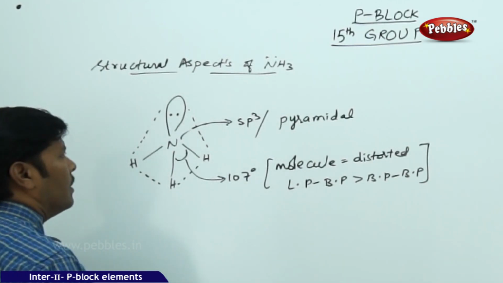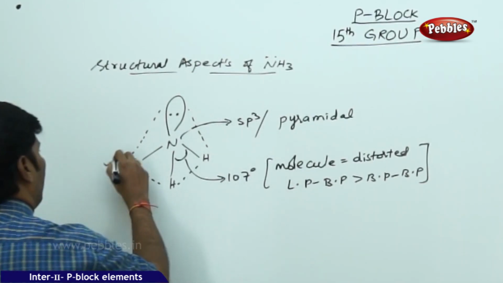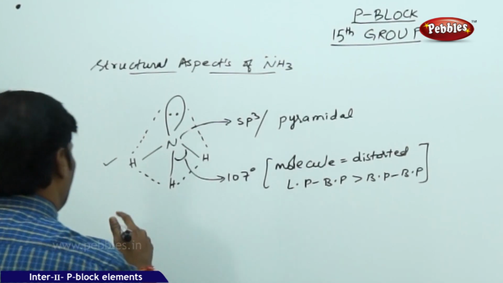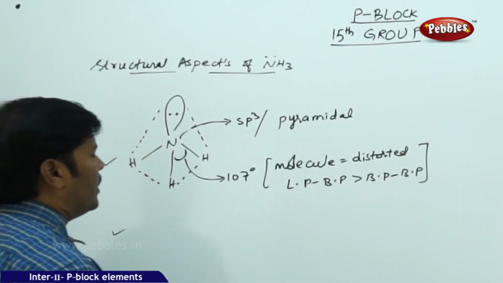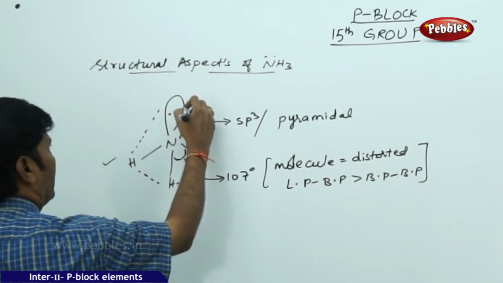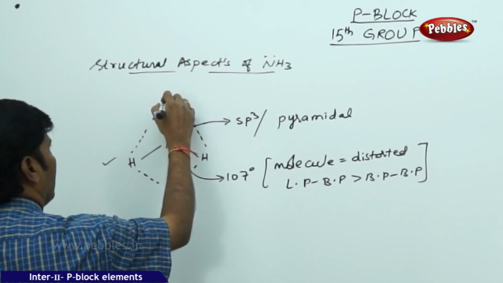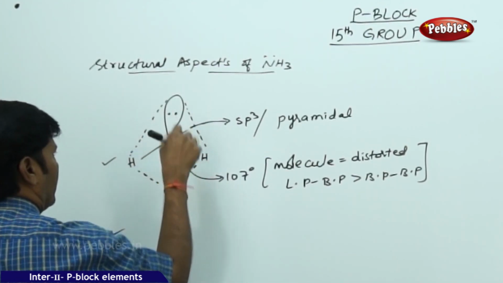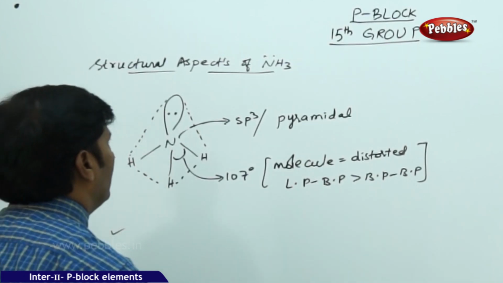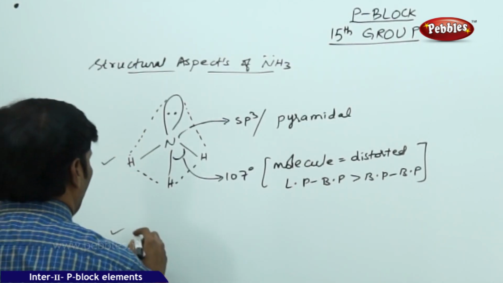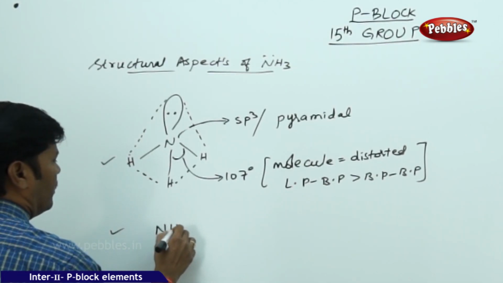Apart from this, in ammonia you can see that the lone pair is at the apex of its pyramidal shape. Ammonia can be dried.